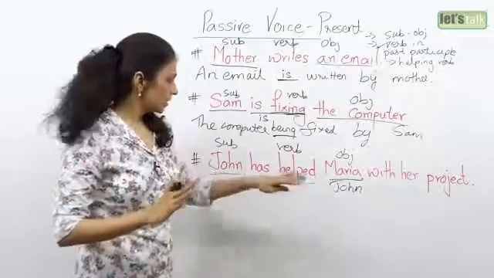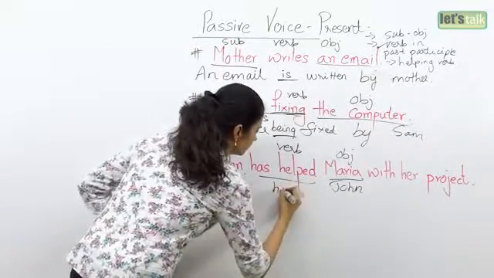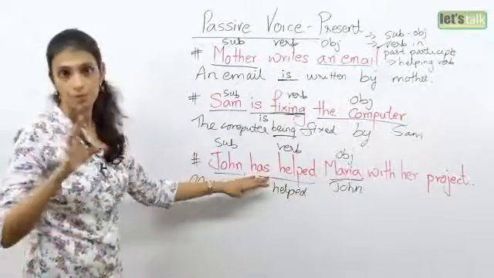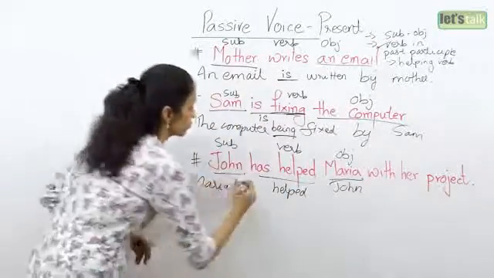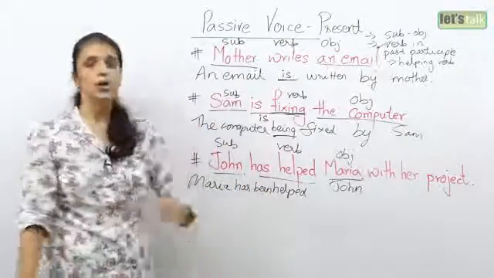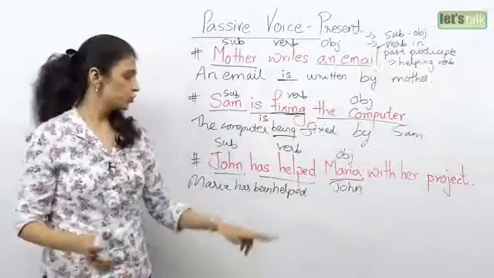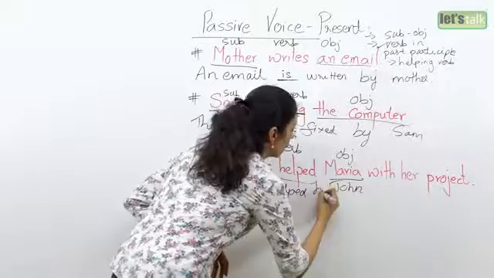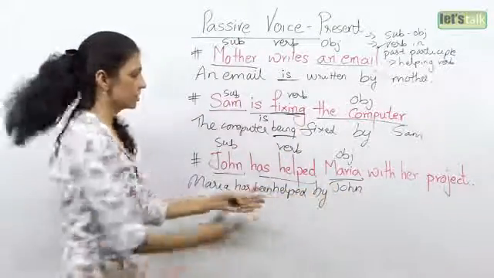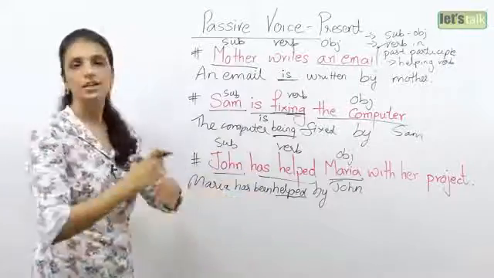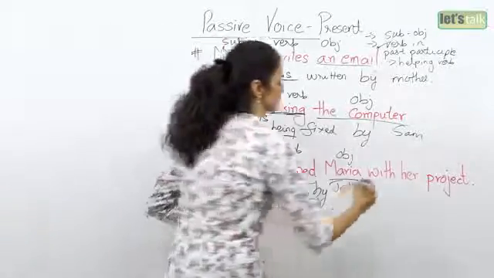Great. So you let the third form be the way it is. Now because it is a present perfect tense, you say has been. So in all perfect passive voice, you use been. So Maria has been helped by John. We've done the interchanging. You've put the verb in the third form. You've added auxiliaries and just complete the remaining part of the sentence.